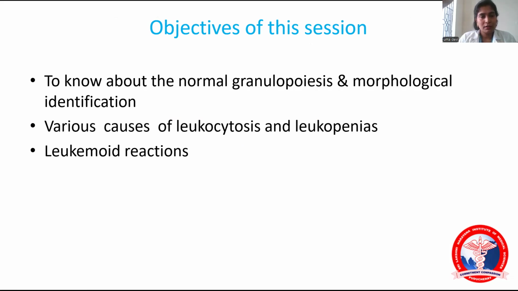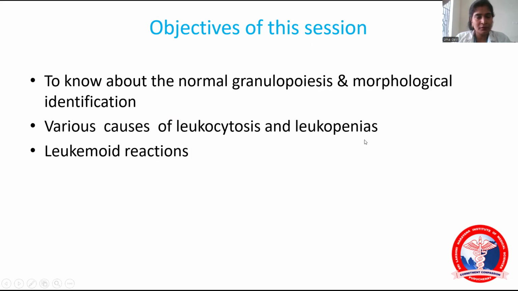At the last, we will go with the conditions where you see leukocytosis. We will split it up and tell where all you see leukocytosis and in which all conditions you see leukopenias, which means increased and decreased WBC counts.